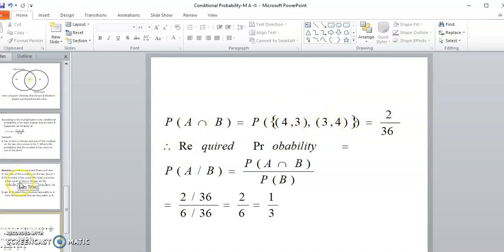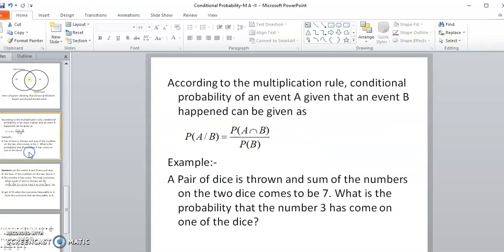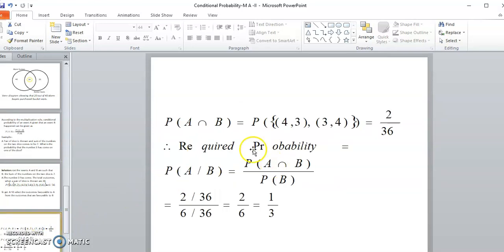In this question, it is written that the sum of the numbers on the two dice comes to be 7. So here we are just calculating what numbers add up to 7. There are two such combinations, and that is 2 by 36.